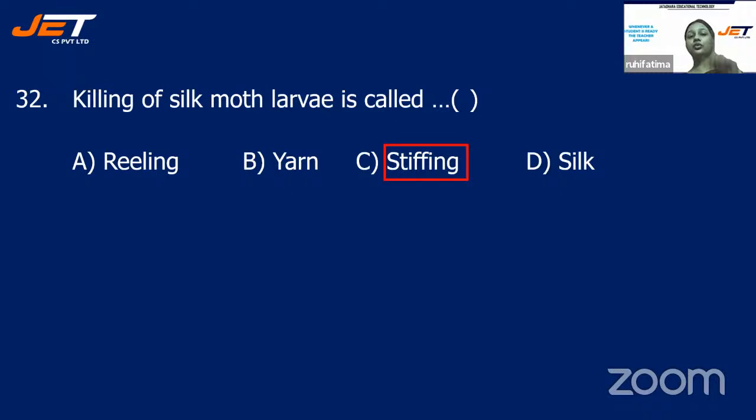Inside that cocoon, the silk moth larva is present, in which it develops just like the butterfly. So what do we do for obtaining silk? We take out that cocoon, and we kill that silk moth larvae for obtaining the silk. And this process is known as stiffing.